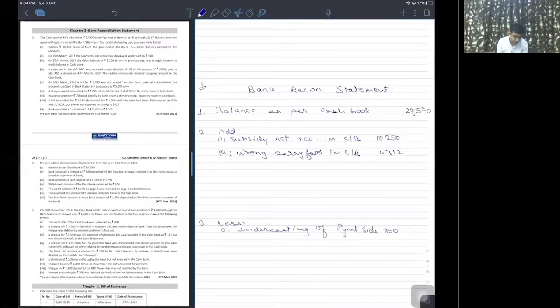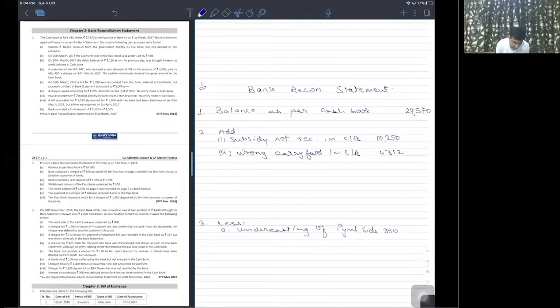Right? A customer of the Messrs ABC who received cash discount of 5% on his account of rupees 2000 paid to Messrs ABC a check of rupees 20 check on 24th March.